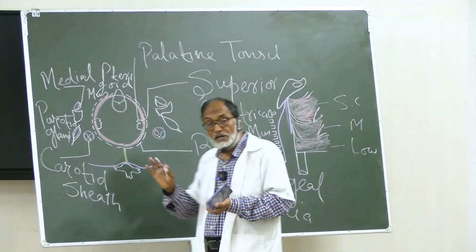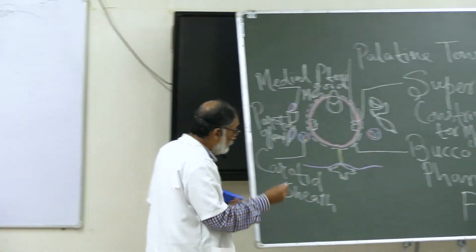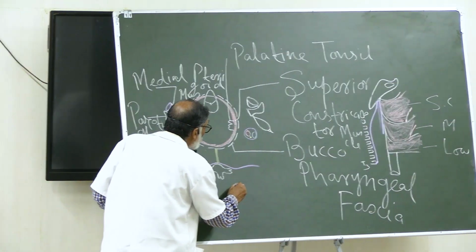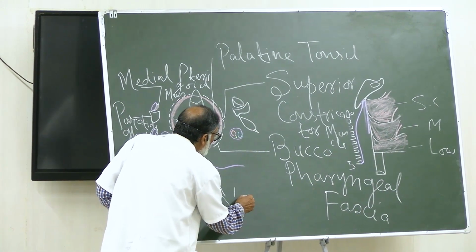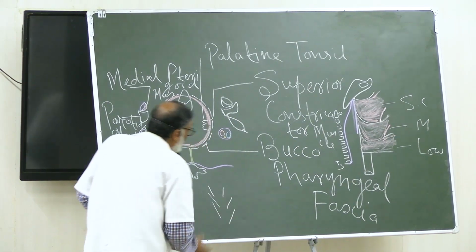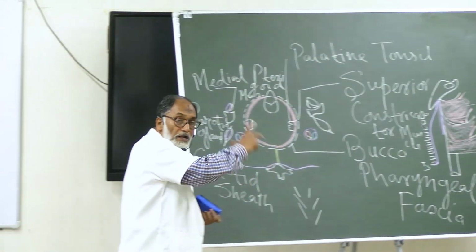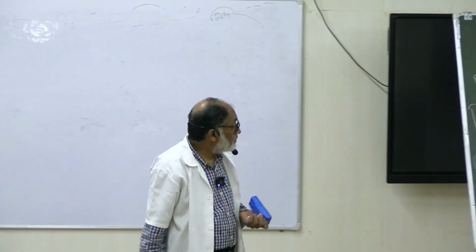Now these constrictor muscles actually overlap each other. If we draw like this, suppose this one is the superior constrictor, this one is the middle constrictor, and this is the lower constrictor. In this way they overlap, right? So these are the constrictor muscles.